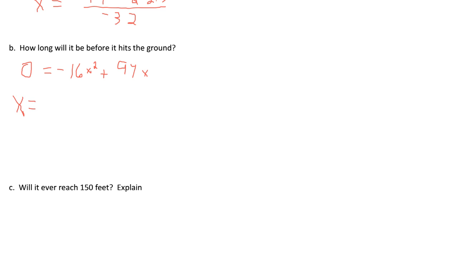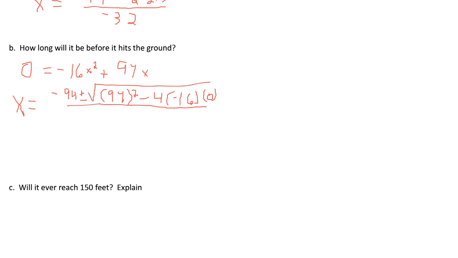This is going to equal the opposite of B, negative 94, plus or minus, sorry, square root of 94 squared minus 4 times A, which is negative 16, times C, which is 0, all over 2 times negative 16.